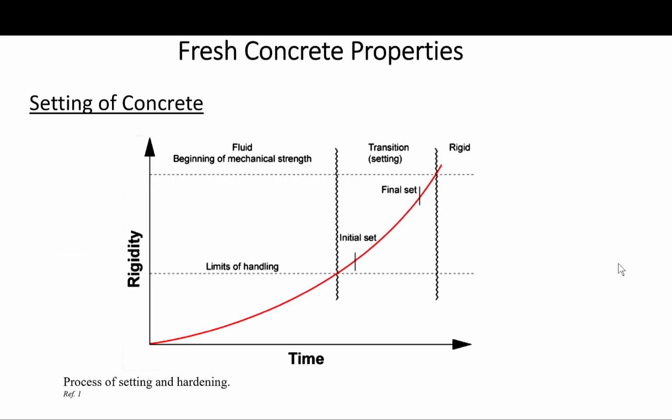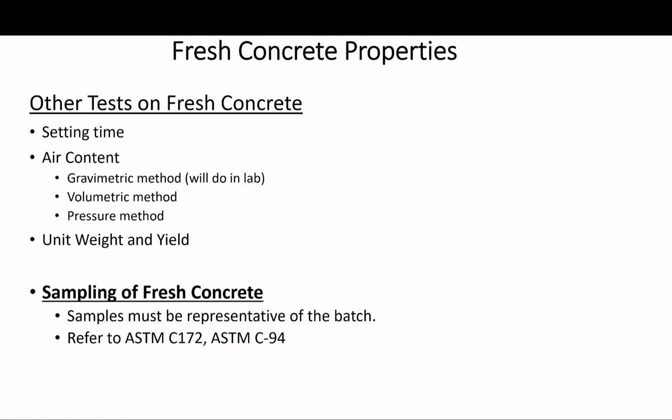This is similar to the curve we have shown in previous lectures about the setting of the cement paste. So basically here is the initial set and this is the final set. This is the transition, basically the setting from the fluid stage to the rigid stage.